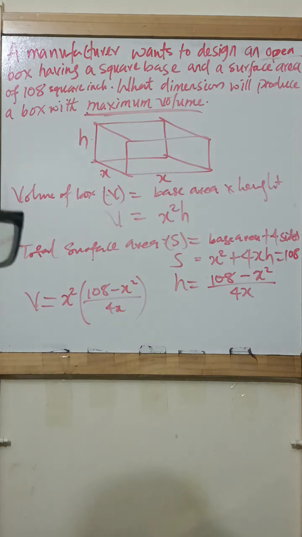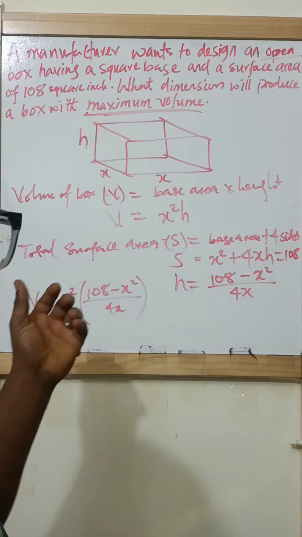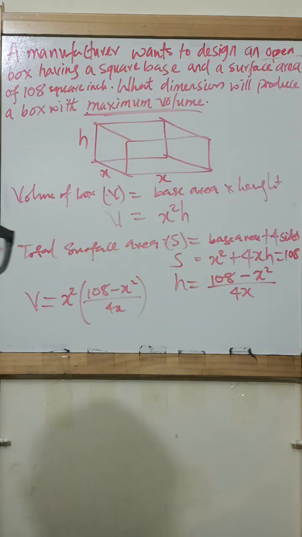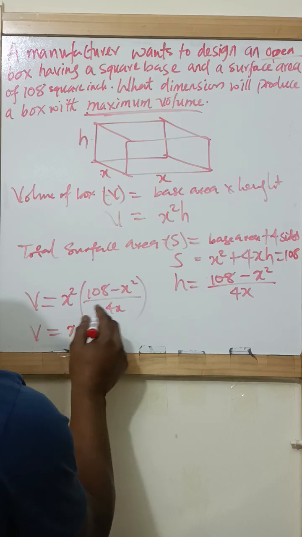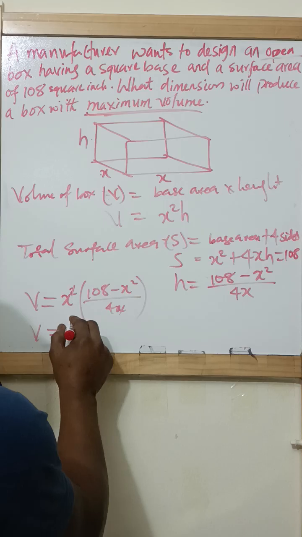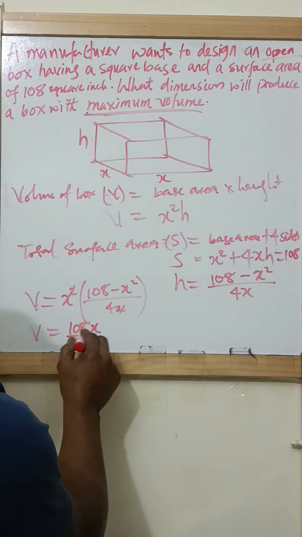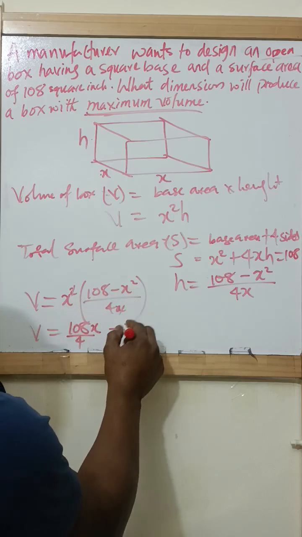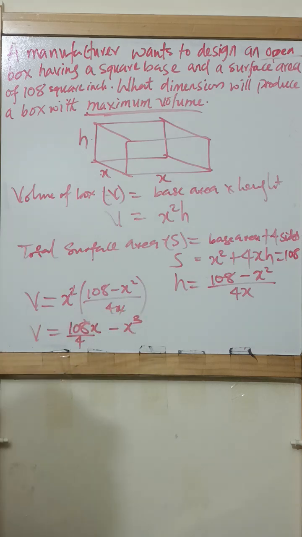So now we have an expression of the volume in terms of one of the dimensions of the box. When this multiplies, that will be 108x all over 4 minus x cubed over 4.